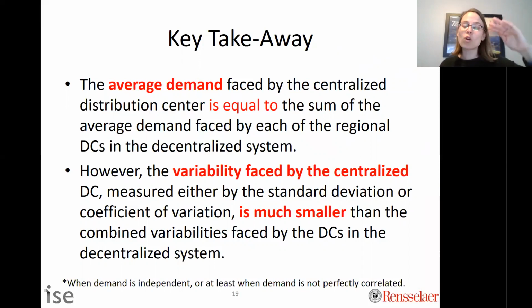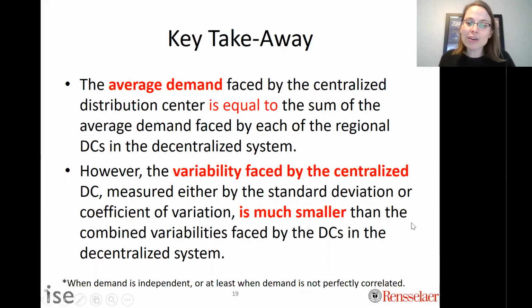If region 1 this week had a higher than usual demand and region 2 had a lower than usual demand, they cancel each other out. That is why, when you pool different points, you get to benefit from the fact that sometimes one will be up and sometimes one will be lower, and they cancel each other out. If they're decentralized, you don't get that advantage. And so that's really where this is coming from.